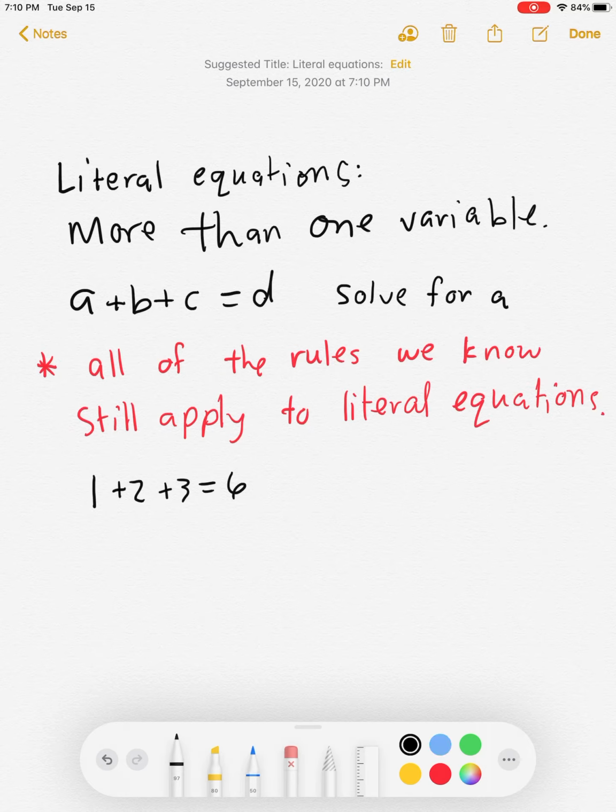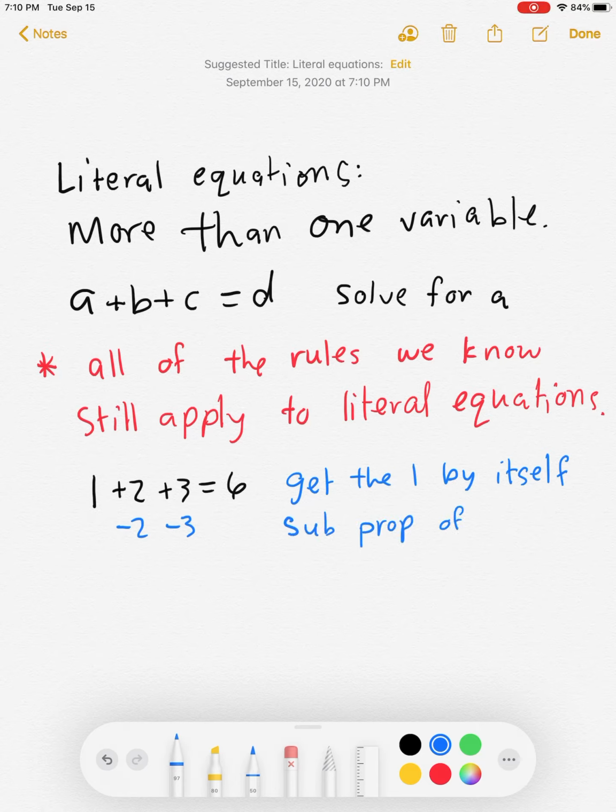What do we want to do here? Well, if the goal is to get the 1 by itself, we would subtract the 2, subtract the 3. That's the subtraction property of equality. If we subtract it to one side, that means we have to subtract it to the other as well, which gives us 1 equals 6 minus 2 minus 3.